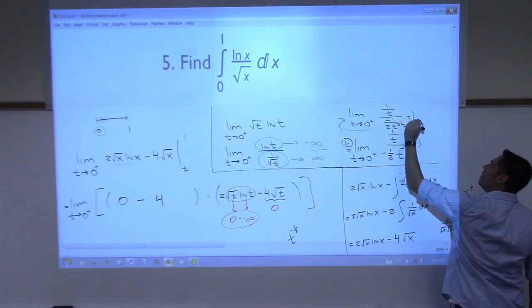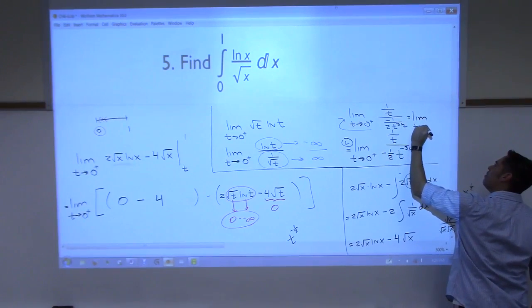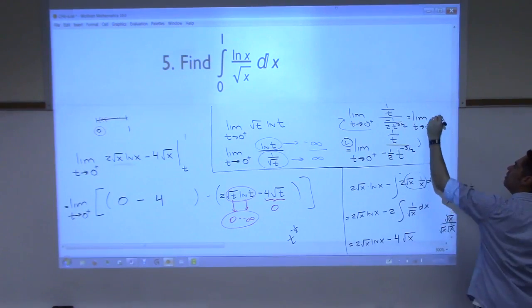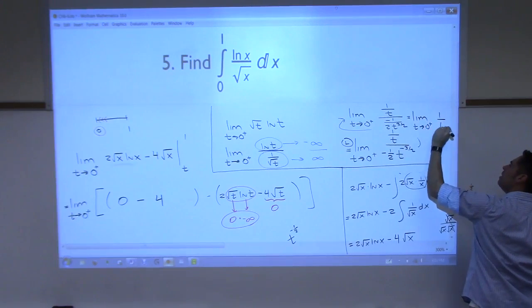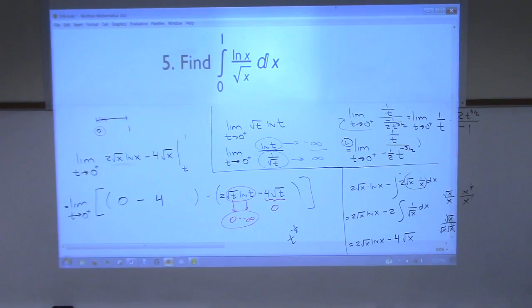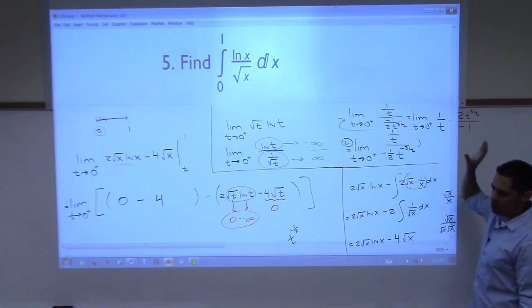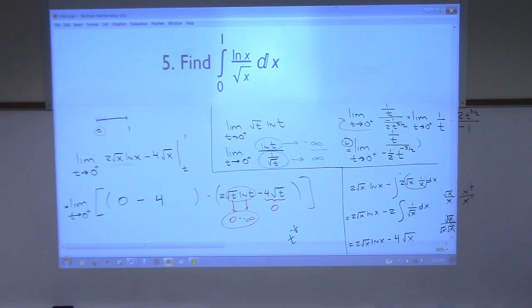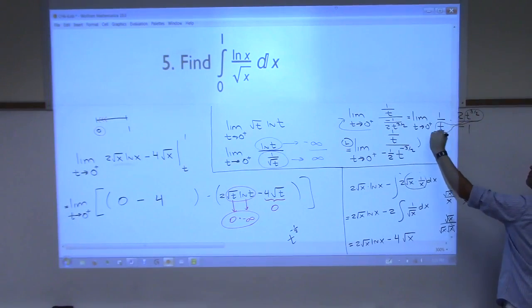So that's the limit as t goes to 0 from the right of 1 over t times 2t to the 3/2 over negative 1. There's so many different ways you could clean this up algebraically. This is just the way I chose to do it, all right? And then what happens with these t's right here? t to the 3/2 over t is t to the 1/2, right?